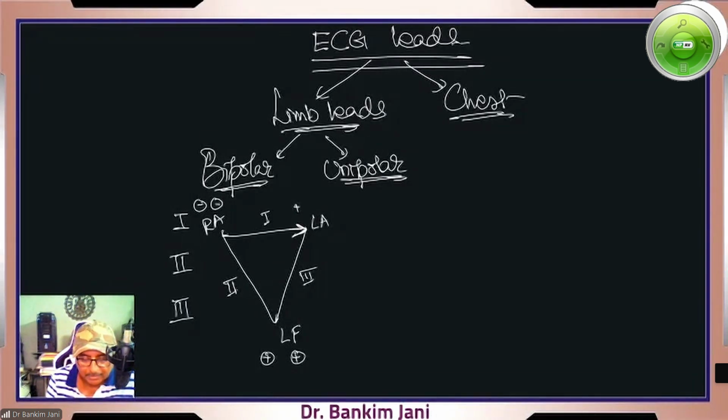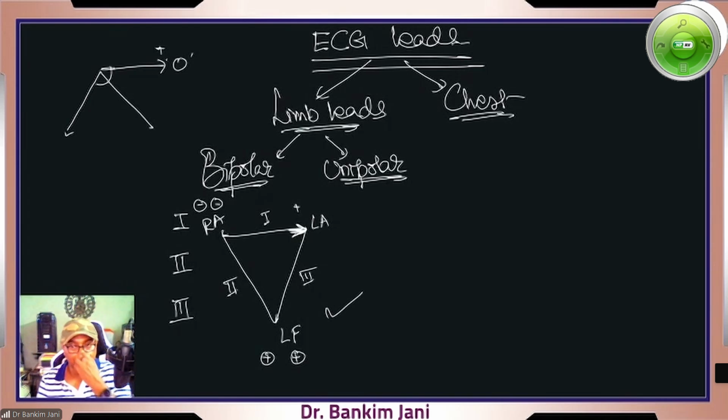That's why lead 1 is at 0 degrees, because this is plus. We are just watching it from the plus side. Then this is lead 2, which is between the right arm and the left foot. As such, we draw it like this. Don't get confused, here it is superimposed just to make the Cabrera system.